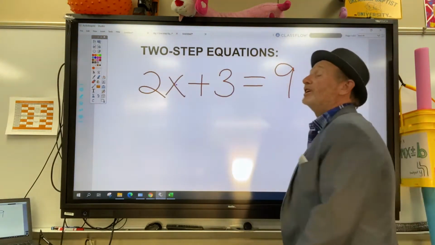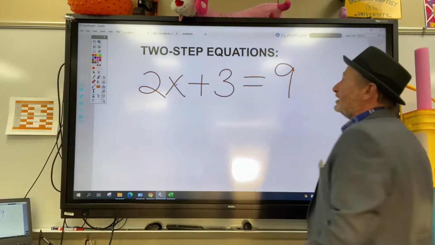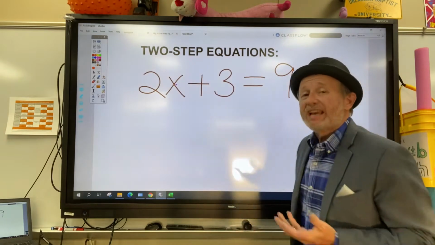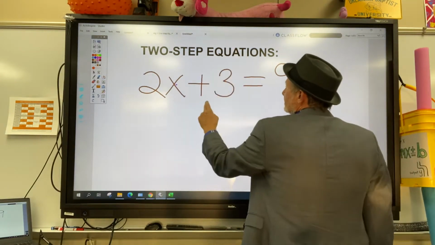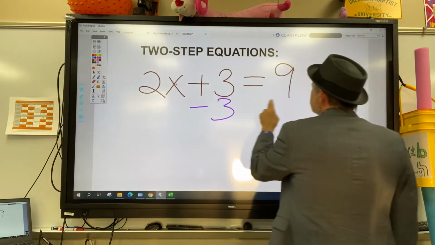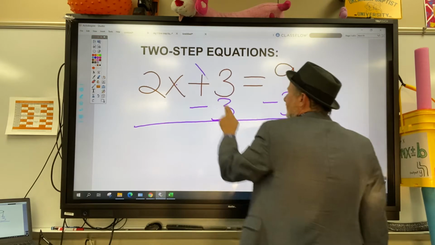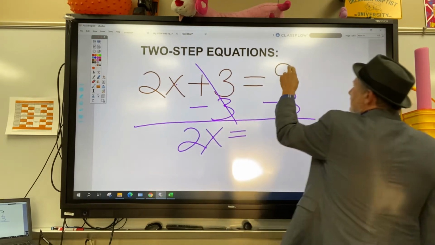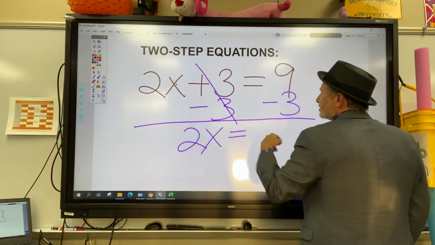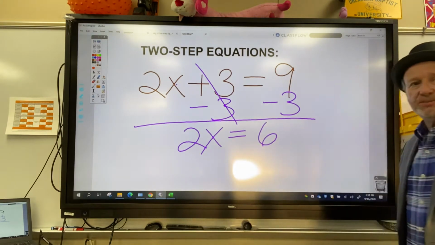So what we're going to do, like a one-step equation, is transform to the other side. Now, what you always do is the opposite. So watch this. I have positive 3, zero out the 3. Always do on the other side. That cancels out. I bring down my 2x, 9 minus 3, signs are different, subtract, take the higher sign, that gives me positive 6.